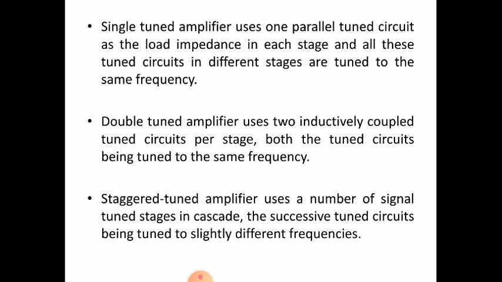We use multiple tuned circuits in cascade to get the overall large gain in these three types of tuned amplifiers. But in the single tuned amplifier, though each stage has its own parallel tuned circuit in the load, all the parallel circuits are tuned to the same frequency.